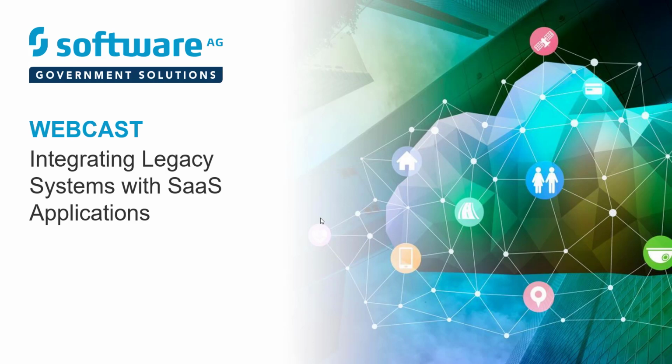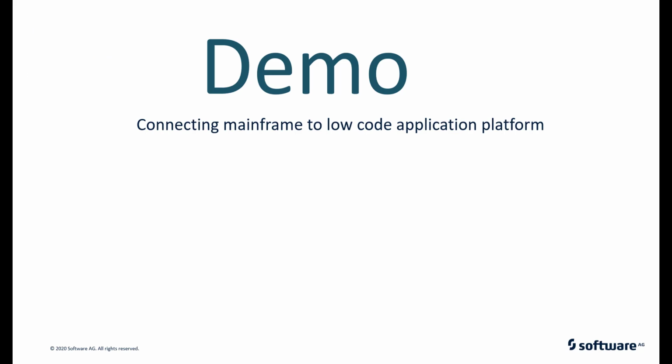In this webcast, Integrating Legacy Systems with SaaS Applications, we will be showing real-time bi-directional integration between a SaaS application and a legacy green screen application. Today's demo, we are going to be talking about integrating a cloud-based system with a mainframe application.